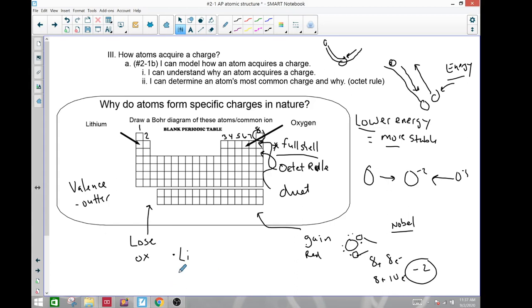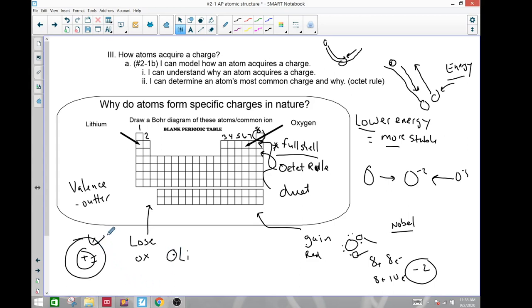All right, so a Bohr model might look something like this, where it shows energy levels. We've got the nucleus. We have 2 energy levels for the lithium atom, and it's got 2 electrons here and 1 here. So that electron here is just this electron right here.